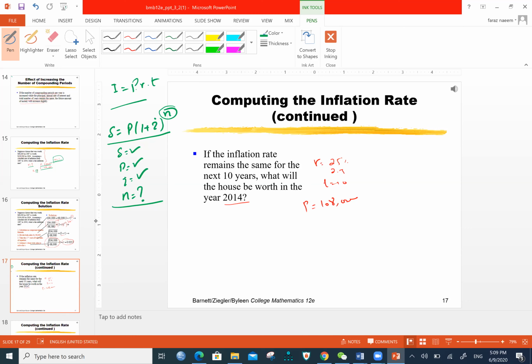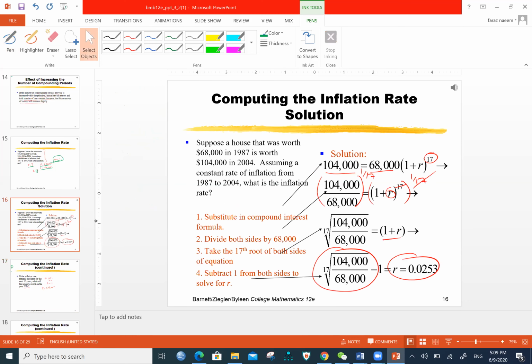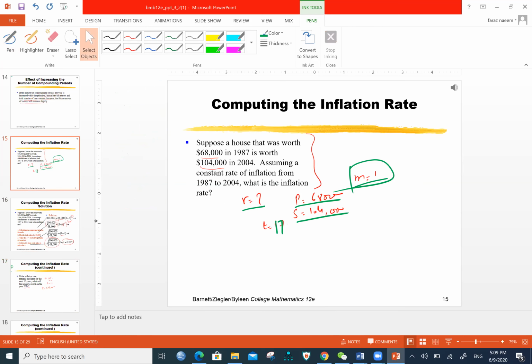For this particular problem, if I go back, if you see only this, how will you know which formula you need to use? It doesn't have the compounding periods.